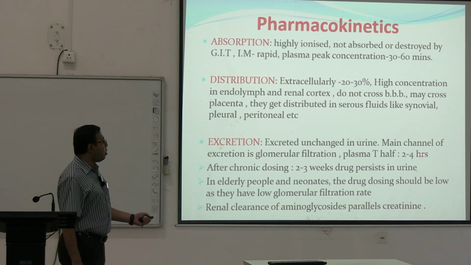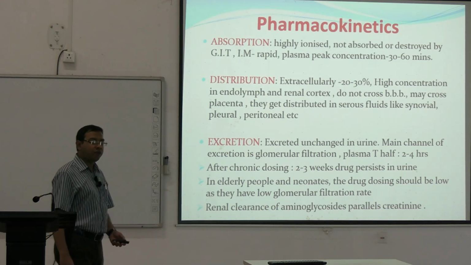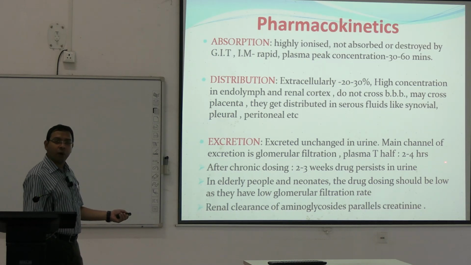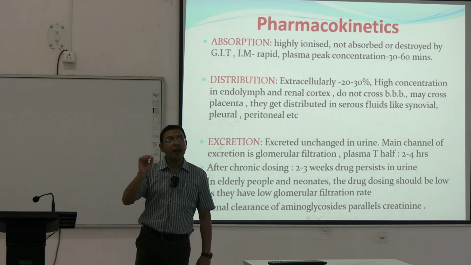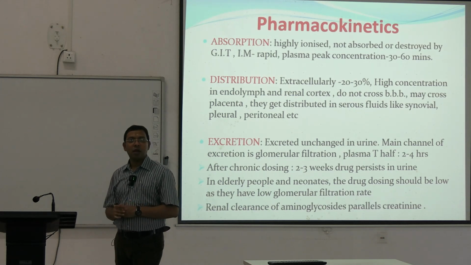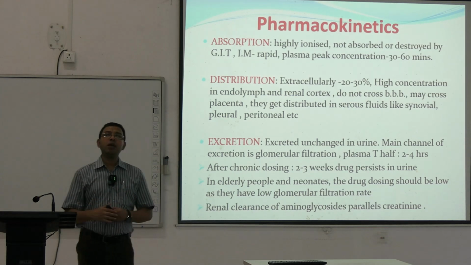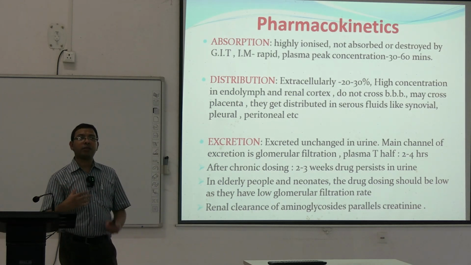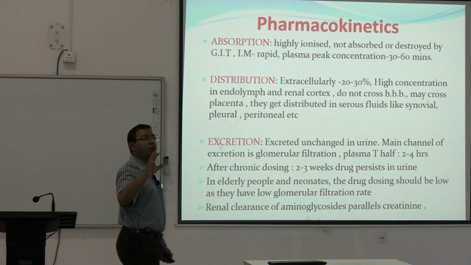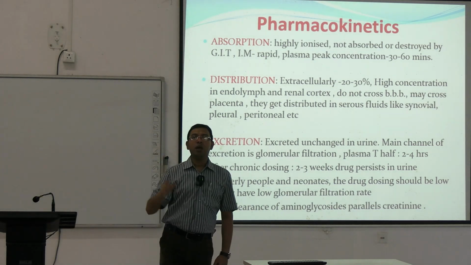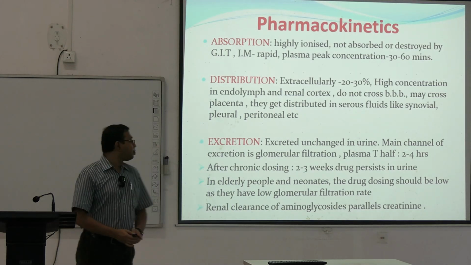Excreted unchanged in urine, the main channel of excretion is glomerular filtration, plasma half-life is 2 to 4 hours. So that is the difference. Even if the plasma half-life is very short for all the aminoglycosides, we have seen that if we use extended interval dosing, like just once daily dosing with very high concentration, the adverse effects will be less.